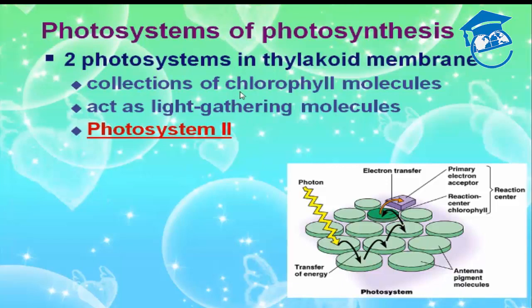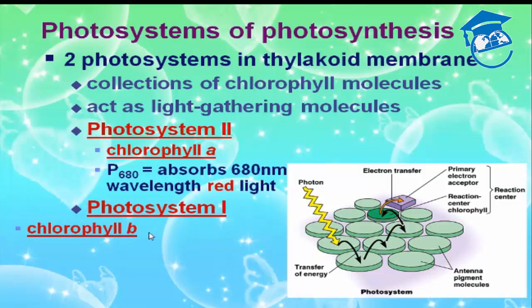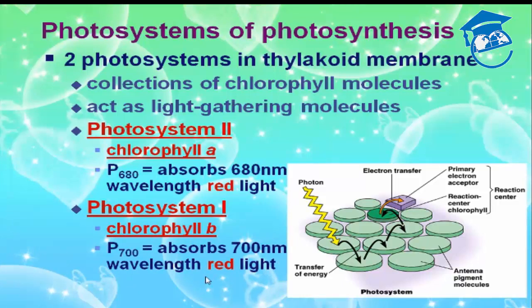The first is photosystem 2, which is your P680, and chlorophyll A is the major pigment of it, and it absorbs 680 nanometer. That's why photosystem 2 is also known as P680, because it absorbs 680 nanometer wavelength red light. And photosystem 1 has chlorophyll B as its major pigment, and P700 means it absorbs 700 nanometer wavelength red light.